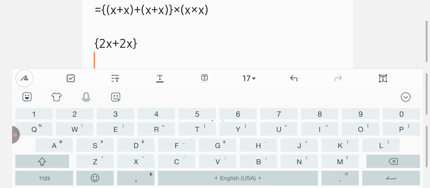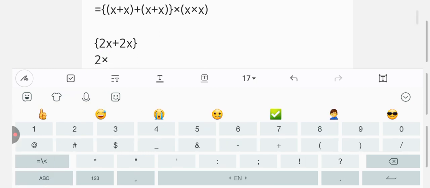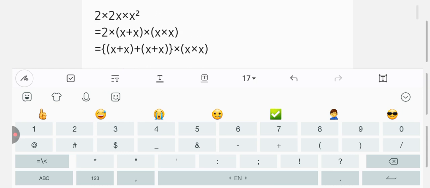That means first add x plus x and again add x plus x, and add those two. After adding x plus x, do the first thing in the bracket, so you get 2x. Now 2x plus 2x is the same as writing 2 times 2x, right? Look, we just returned to the 2 times.